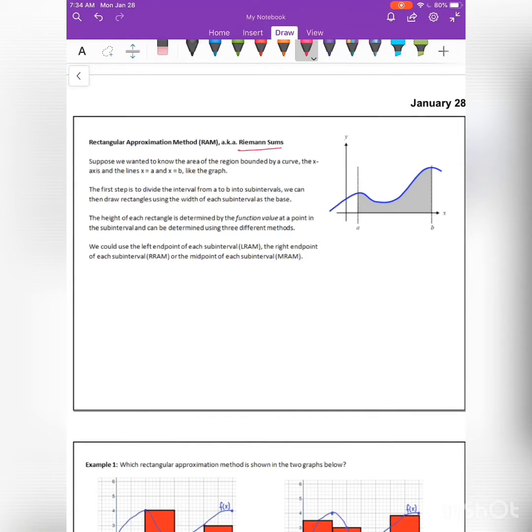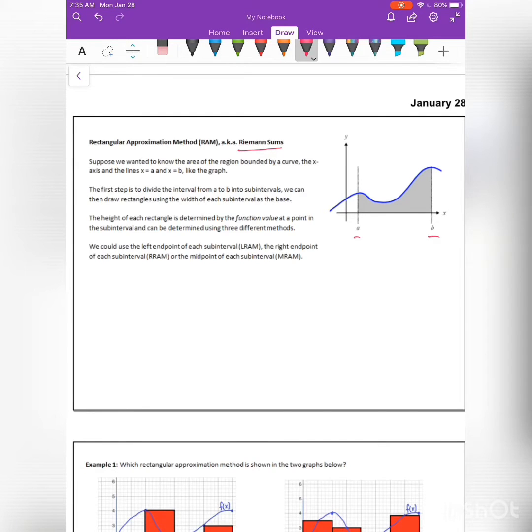So you can see this picture on the right. There's some curve, and we have a starting and an ending point, so that's our interval from A to B, and we want to find that area in the shaded area there, and obviously that's not any sort of rectangle.